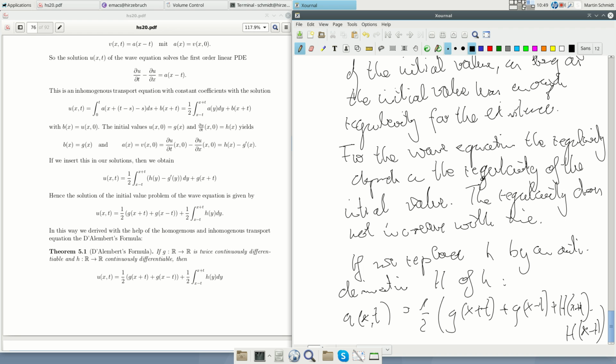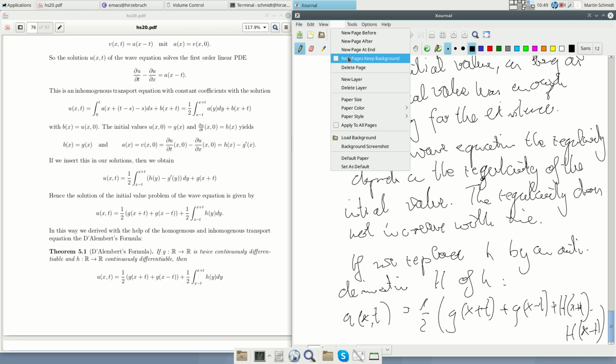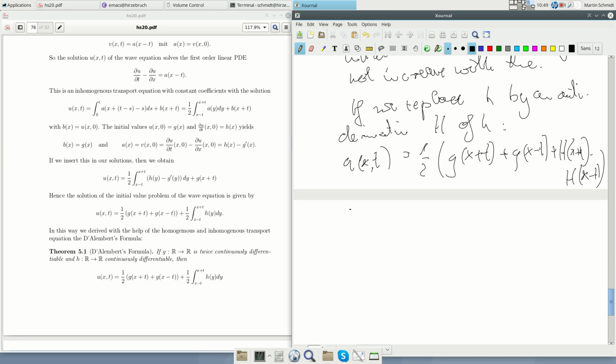So it only depends on these values. This shows that the velocity is 1, so the velocity would have absolute value 1. And we will see that this generalizes to higher dimension, but only to odd higher dimension.